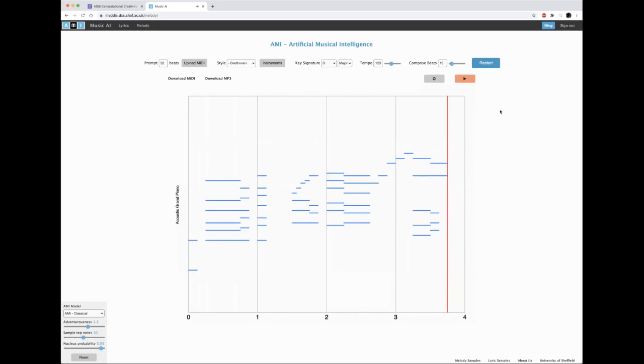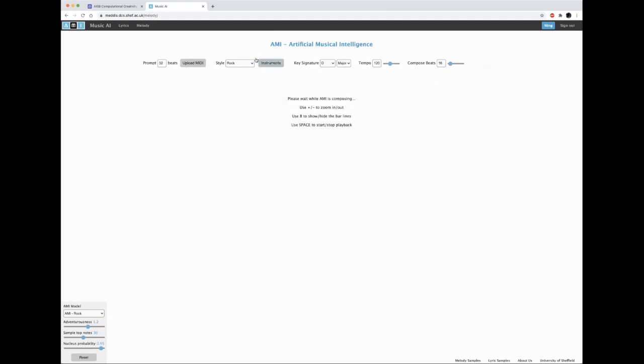So the idea is, if you think that's something you like, you can continue. When you continue composing, you can then change it. I want something more rocky, so I change the style to rock, even change the key signature, then continue. Oh, actually, I forgot.